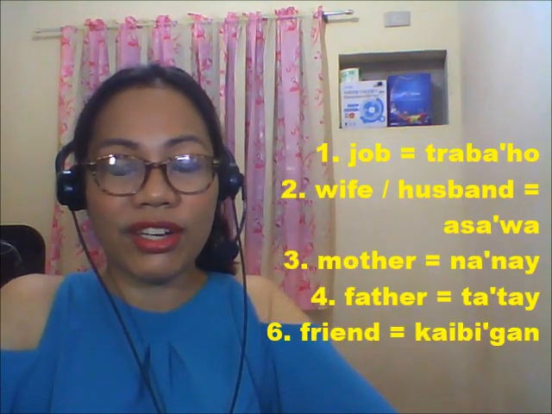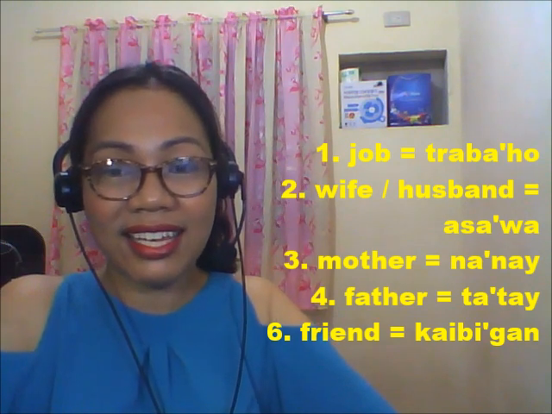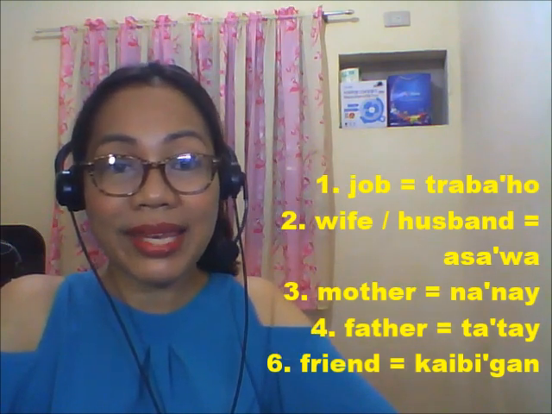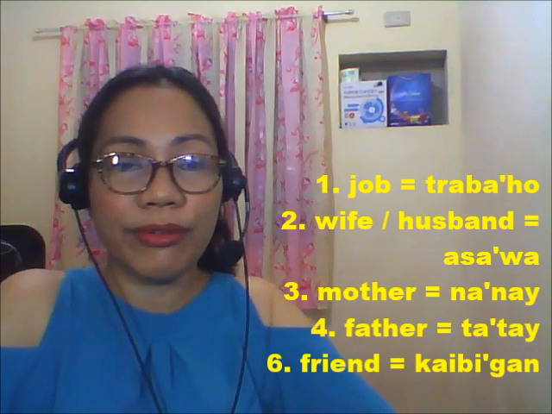And then mother, nanay. Father, tatay. Friend is kaibigan. The stress is at the B because there is a homonym, the same word but different meaning. It means lover. If you put the stress somewhere else, it could change the meaning.